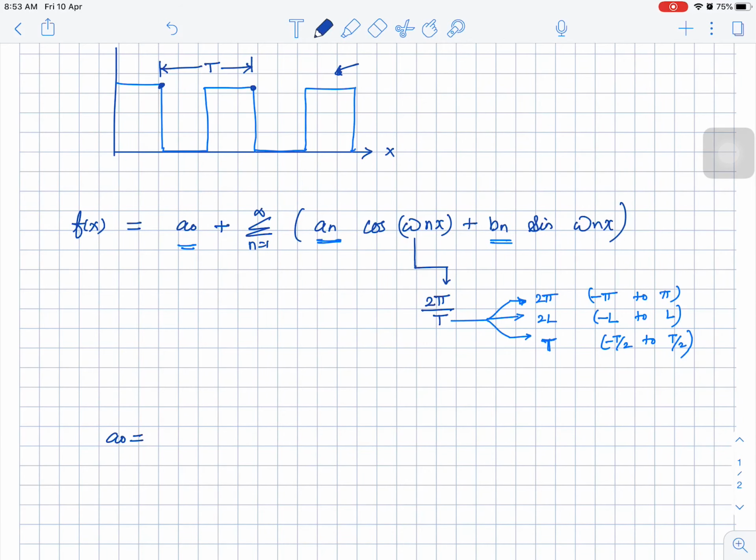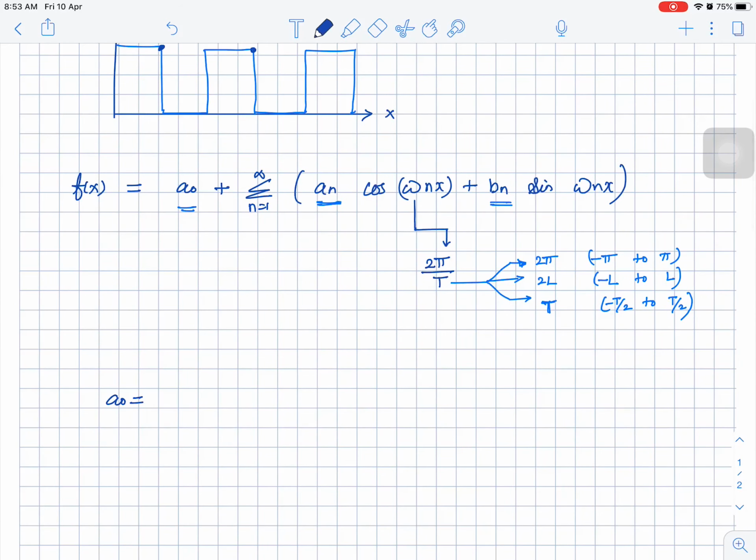So what we have considered is T. The average of this signal will be 1 by time period, integral from minus T by 2 to T by 2 of f of x dx. This gives the average value.